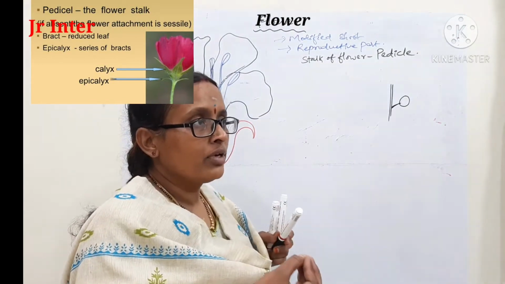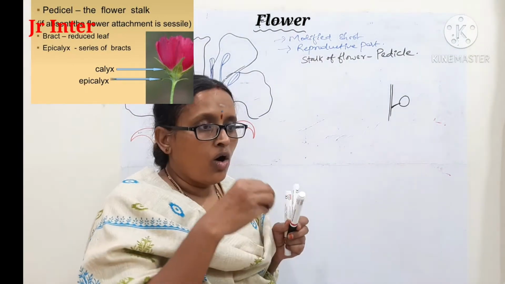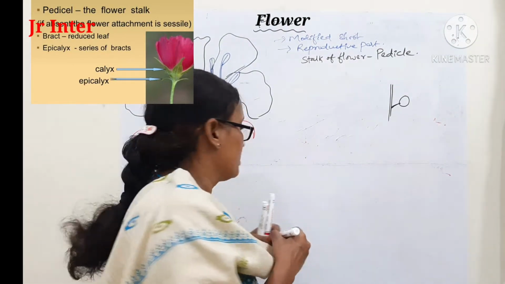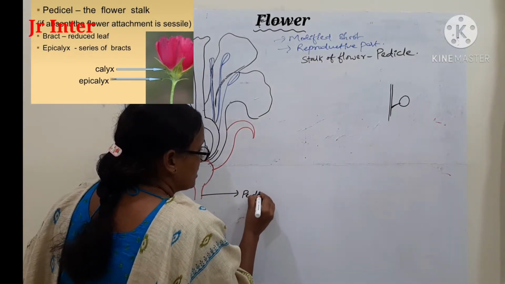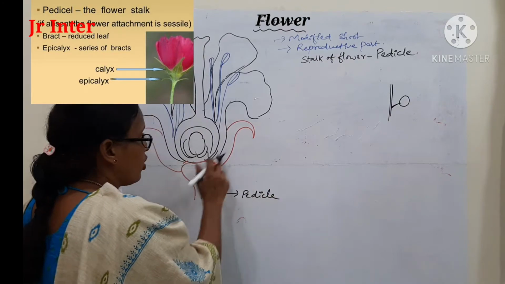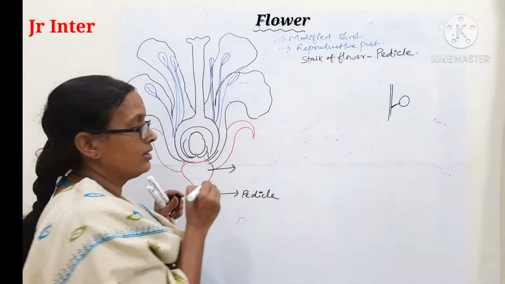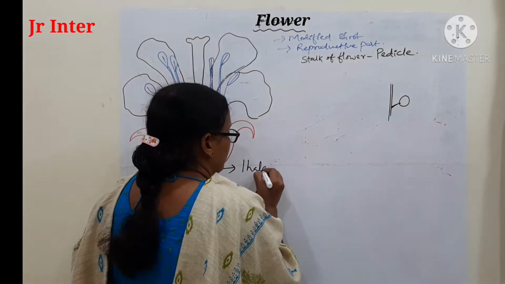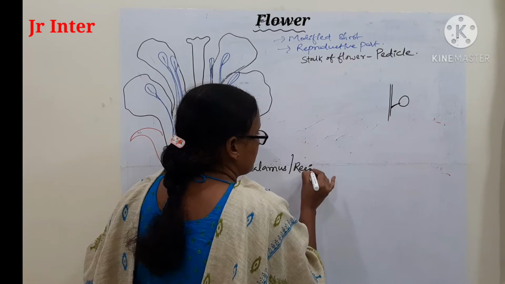So these flowers are a modified shoot. All the floral parts are attached to the pedicel, and the part where all the floral parts are arranged is called the thalamus, or receptacle.